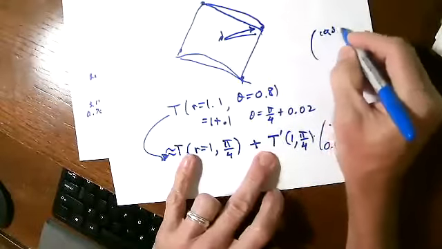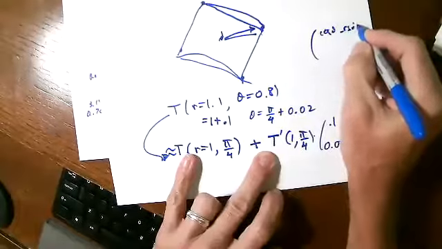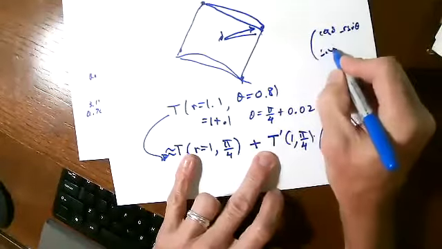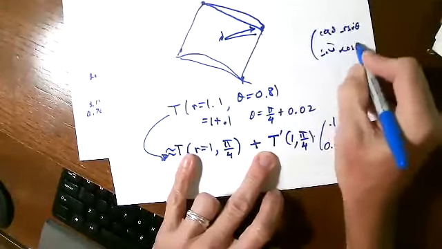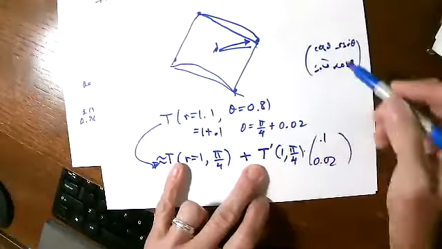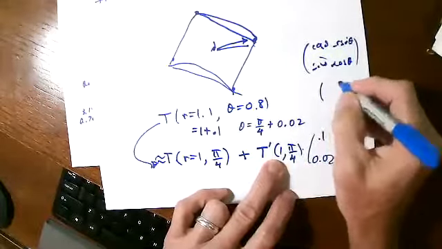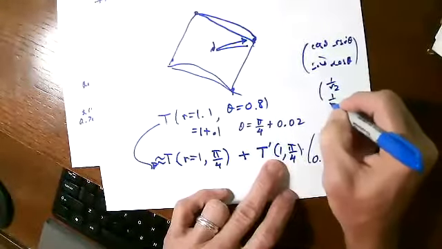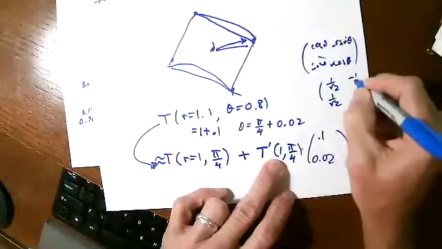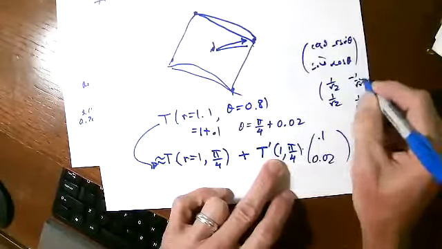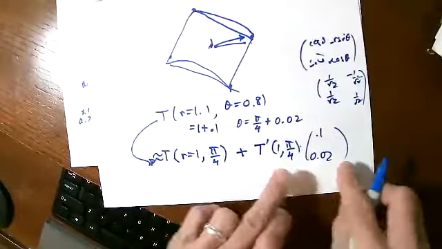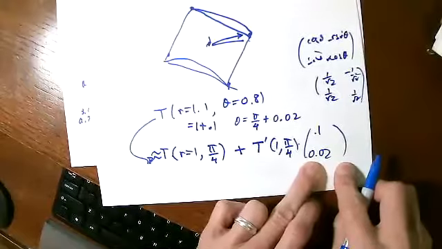It's cosine theta, minus r sine theta, sine theta, r cosine theta. And when you evaluate this matrix at the point 1 comma pi over 4, you get this matrix of numbers: 1 over root 2, minus 1 over root 2, 1 over root 2, 1 over root 2. And you multiply that matrix times this small vector.